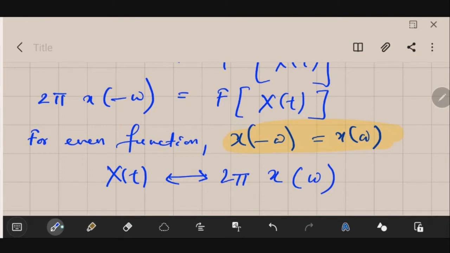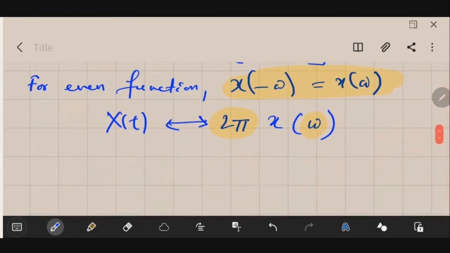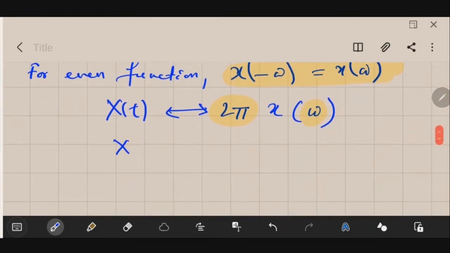Now there is another thing. Since I have taken omega here, that's why this 2 pi was required to be present. If you write it in terms of f, then this property could be written like this: x of t after Fourier transform will be x of f.